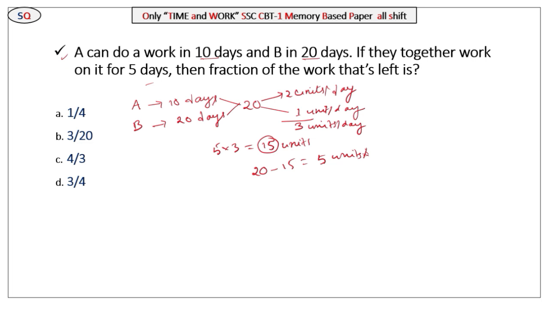So 5 by 20 is the remaining work. 5 cancels how many times? 4 times. So 1 by 4 is the remaining work. This is the answer.